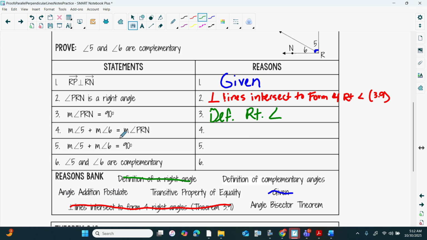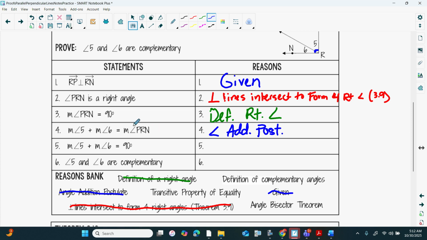I'm adding those angles to make the whole. Part plus part equals the whole. So we're going to put our angle addition postulate in our line 4. I'm just going to use the angle symbol, abbreviate addition, abbreviate postulate.